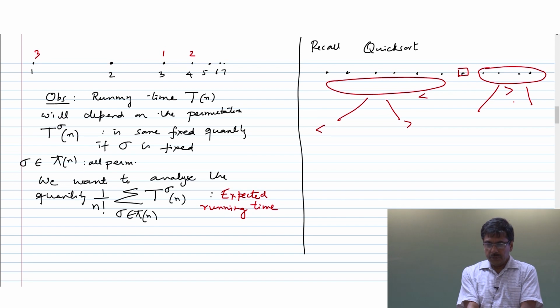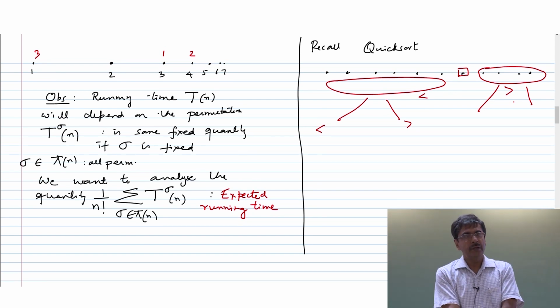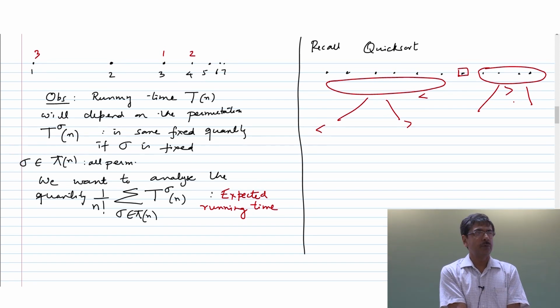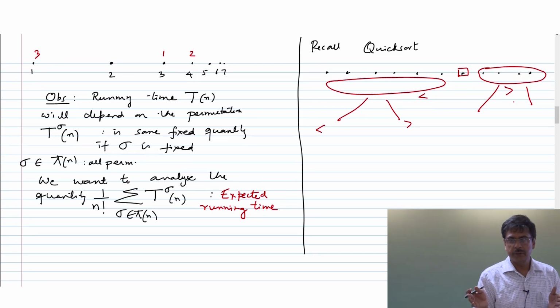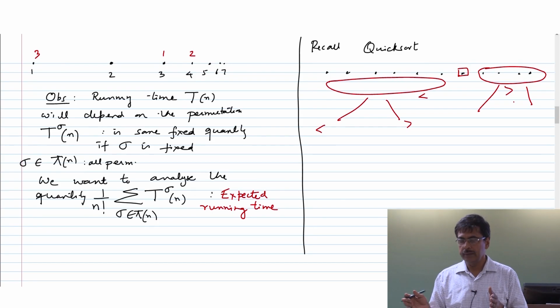Now, there are two ways of looking at quicksort. One is that the pivot that I am going to choose is a fixed element, meaning that I choose the first element and use that to split the set.